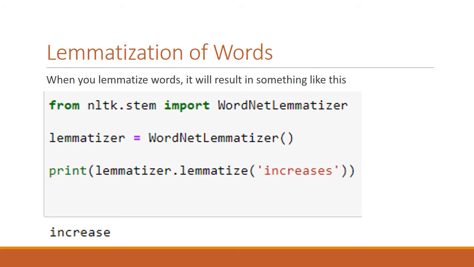So instead of stemming, if we lemmatize the word, we get a result similar to this, where we import the WordNet lemmatizer and we call its method lemmatize. So if we lemmatize increases, we get the word increase returned as a result.